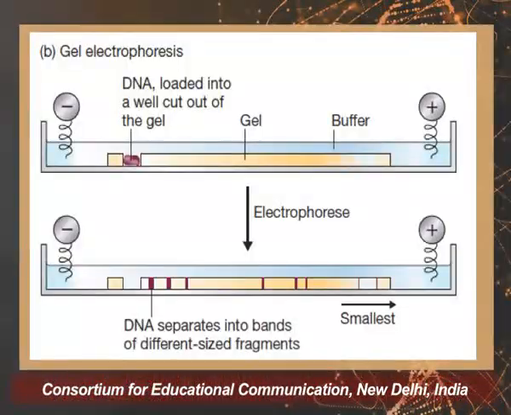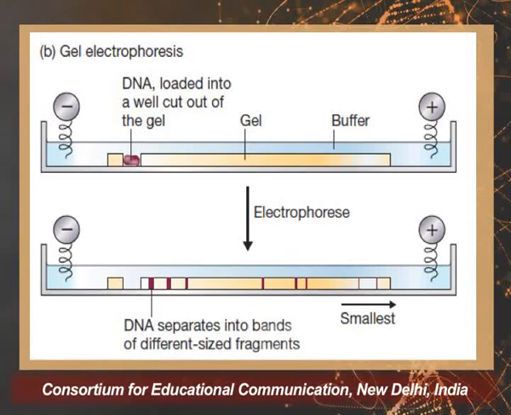This is reflected here, that if you load the DNA, in this case a digested product which contains differently sized fragments, as we saw in the slide where, for example, BGL had 6 sites, and we could see that the 6 fragments were of different sizes. If we load the digested product in the well and then apply the electric current, this DNA has to pass through this gel.